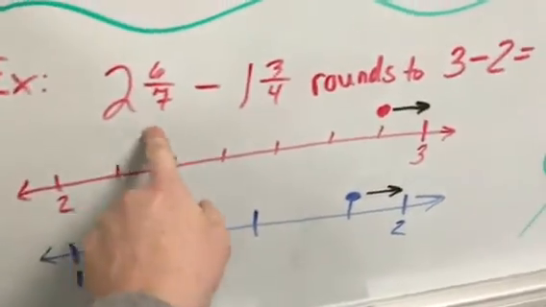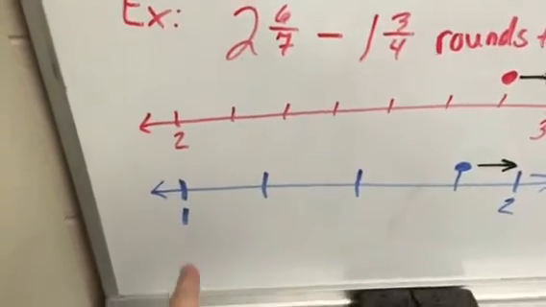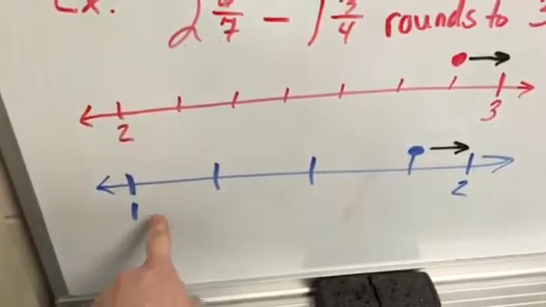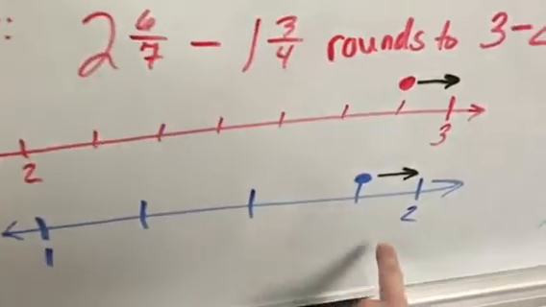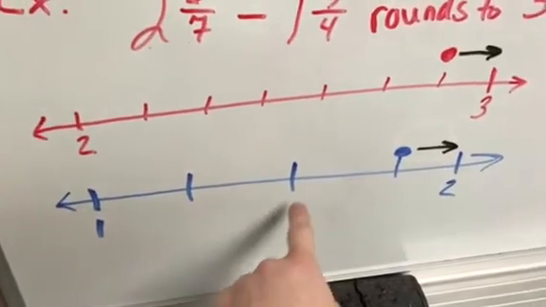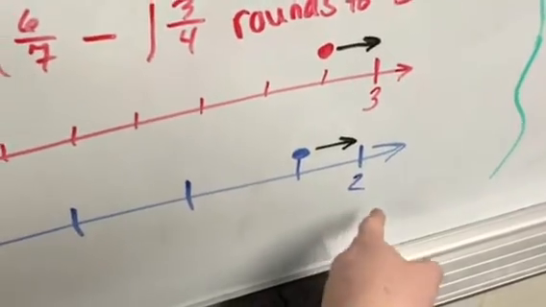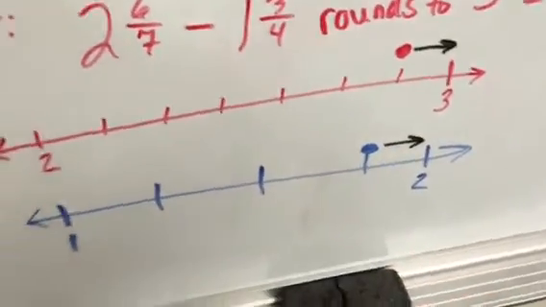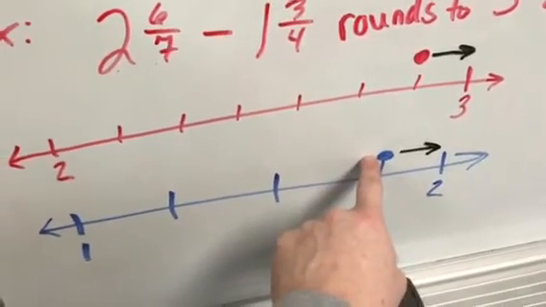But notice, since I had two separate numbers, I had to draw two separate number lines, right? So I drew my other one in blue. It was 1 3/4, so I have 1 and 2 as my whole numbers. I plot my fourths, 1 1/4, 1 2/4, 1 3/4. That would be 1 4/4, which we know is also 2. Since my number was 1 3/4, I plot my point right there.